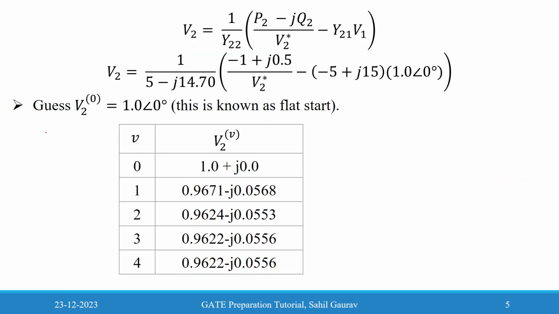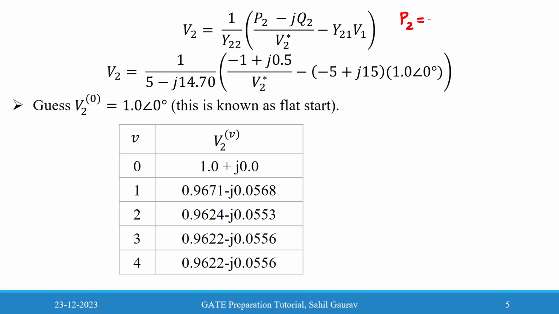After putting all these values, y22 will be 5 minus j 14.70, P2 will be minus 1 and Q2 will be minus j 0.5. Why have we taken P2 equal to minus 1? Can anyone tell? Q2 we have taken as minus 0.5.